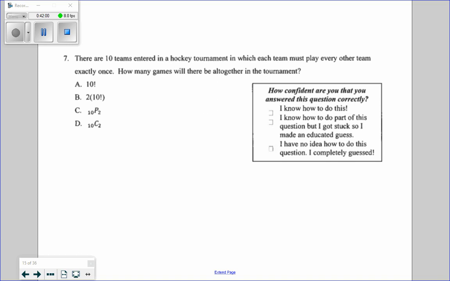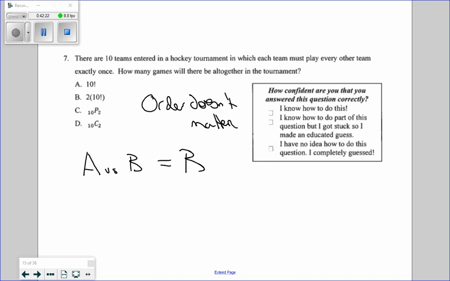So if I write on the schedule from 3 till 4:30, A versus B, does it matter if I write A versus B or B versus A? No. So the order doesn't matter. If you want to write a little note to yourself, A versus B is the same as B versus A. The order doesn't matter. It's the same game.